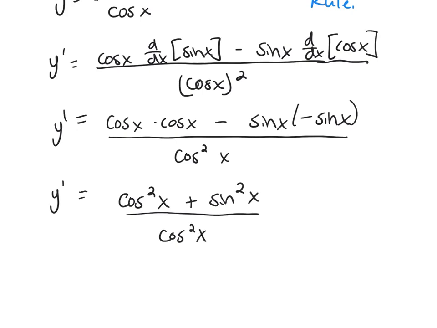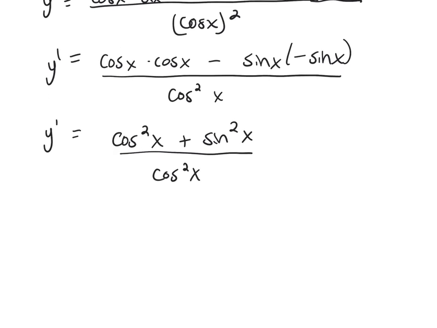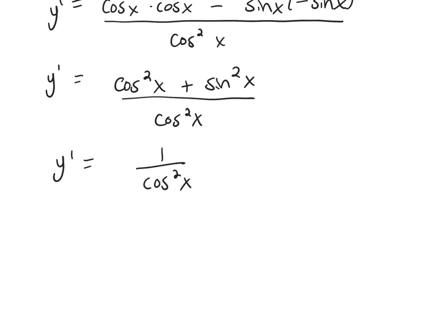But cosine squared plus sine squared, that's just equal to 1. So y prime is 1 over cosine squared. But 1 over cosine squared, that's the same thing as secant squared.